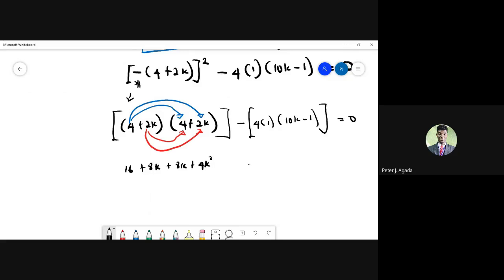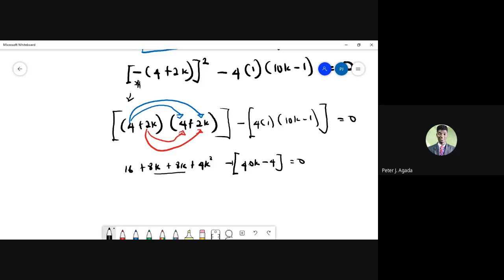If you go further, we can have our minus, open my parenthesis here, just to solve this one, we can have 40k minus 4, all equal to 0. So this minus 1 here multiplies everything here, and let's solve this first.